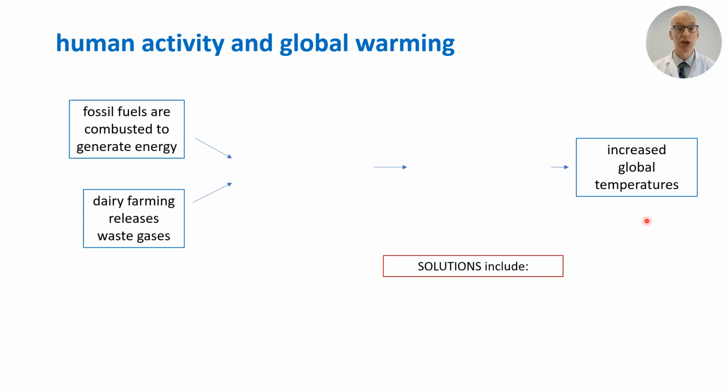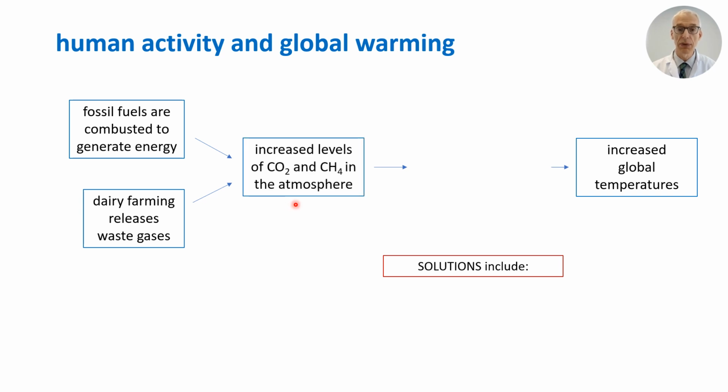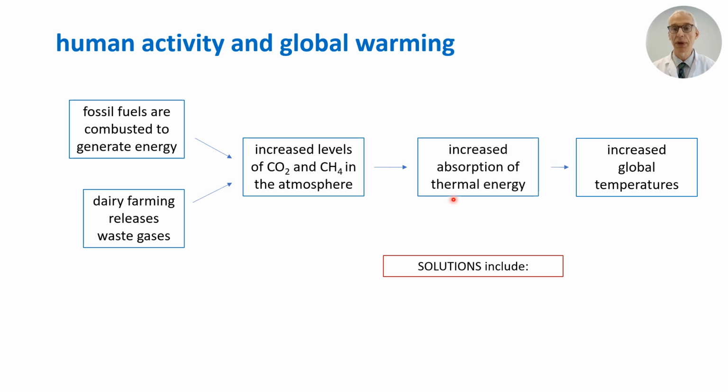Okay, so to reveal, fossil fuel combustion and dairy farming lead to increased levels of carbon dioxide and methane in the atmosphere. The next logical step is that this leads to an increased absorption of thermal energy and therefore increased global temperatures.